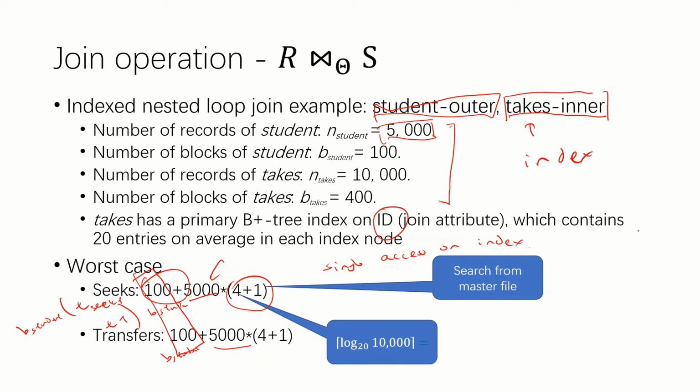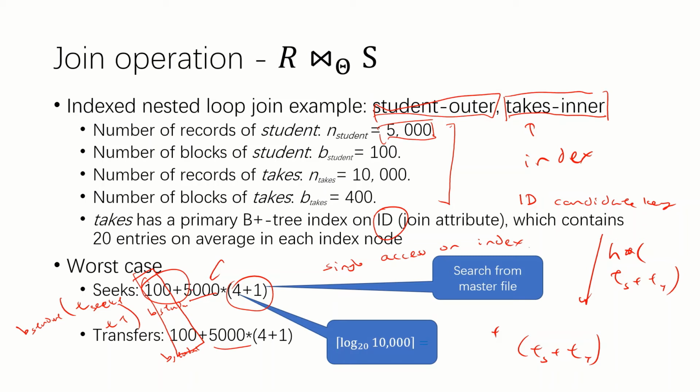Because of that, we need to have the height of the tree multiplied by TS plus TT, and I'm going to also have a TS plus TT because ID is a candidate key. So for every tuple, there's only one corresponding entry, and so I only need to do one disk access and one disk seek.